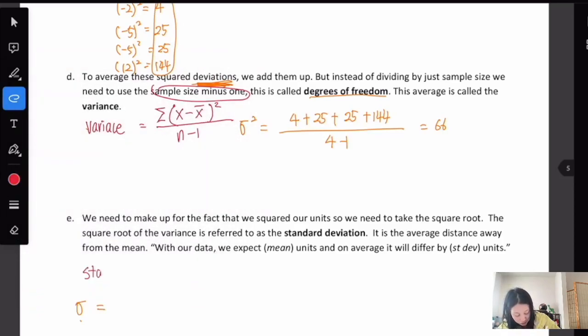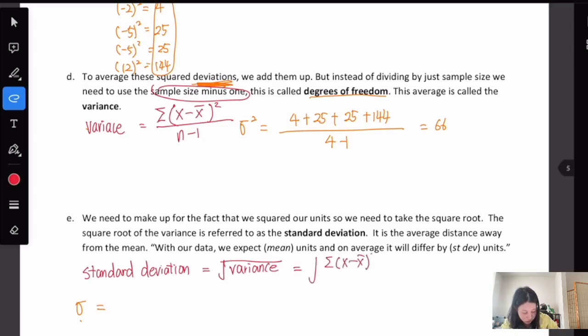Our standard deviation is equal to the square root of the variance, which in this case is going to be the square root of the sum of each of these.